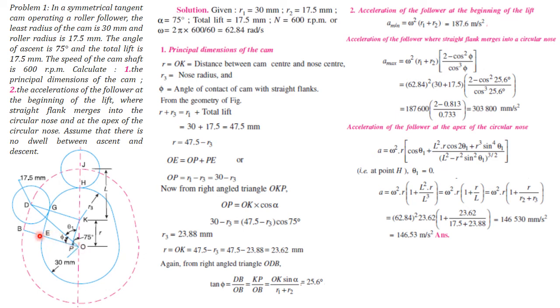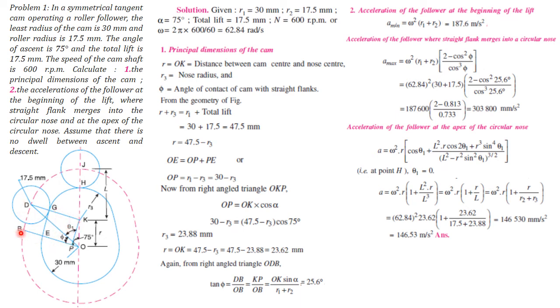Now OE is nothing but the radius of the cam, therefore OP is equal to R1, the base circle radius, minus PE.